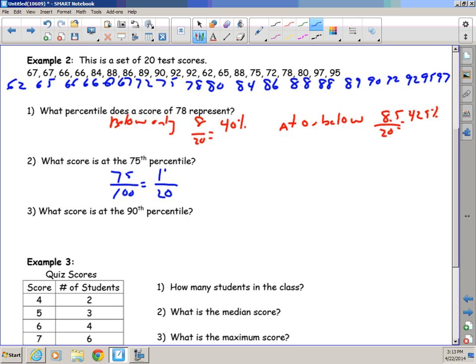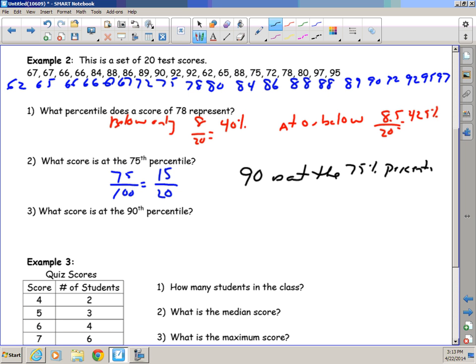Well, that's the 15th, okay? Or 15 below it. So if I count here, 1, 2, 3, 4, 5, 6, 7, 8, 9, 10, 11, 12, 13, 14, 15. 15 scores are below 90. So 90 is at the 75th percentile.